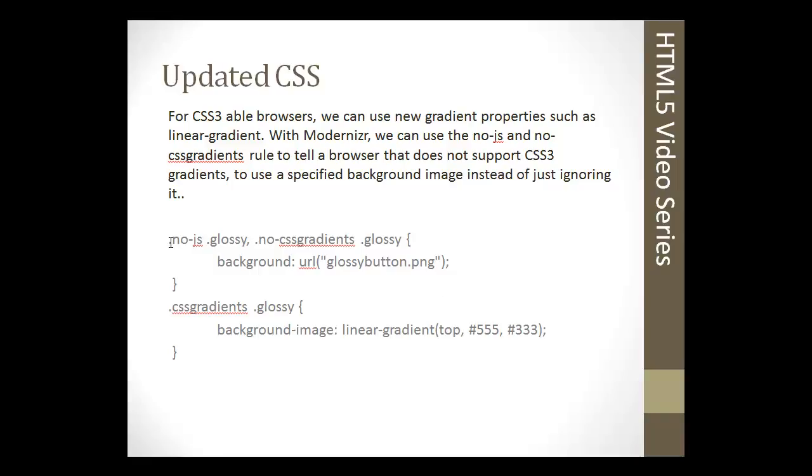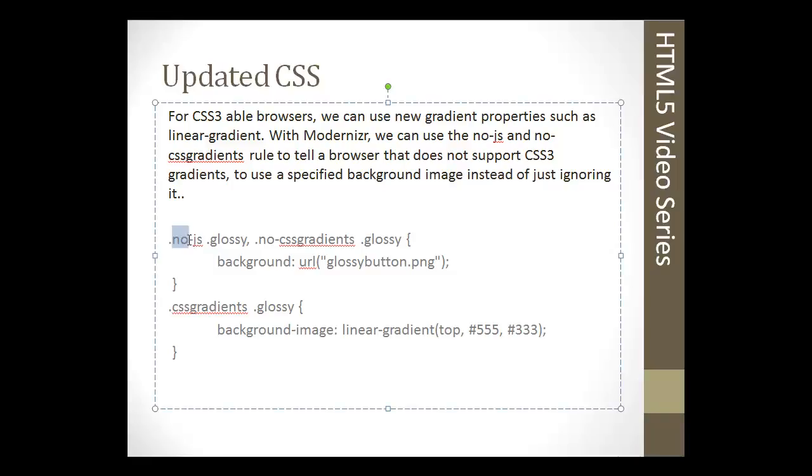Now you saw a couple of slides back we added the no-js class to the HTML tag, and this is what would happen if the browser didn't accept the new CSS3 gradient properties or selectors: it would just have a background image.